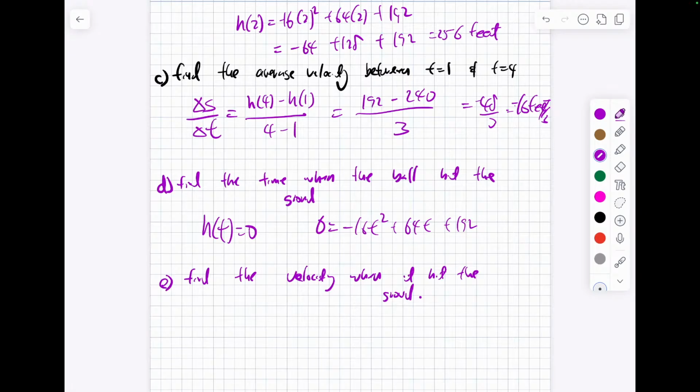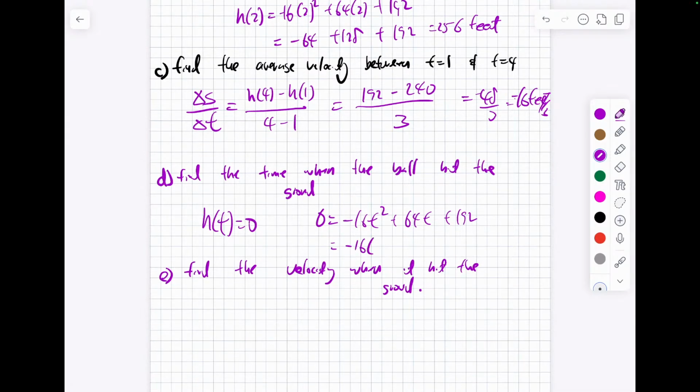Who said 16? Good. But sometimes you cannot factor out 16, at least factor out 4. But factor out the negative though. Factor out negative 16, you're going to get t squared minus what? 4t and minus 12. And that's equal to negative 16 times t minus 6 and t plus 2.